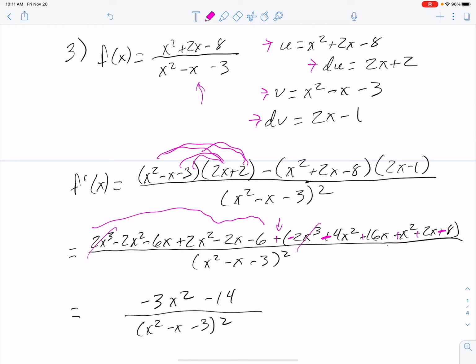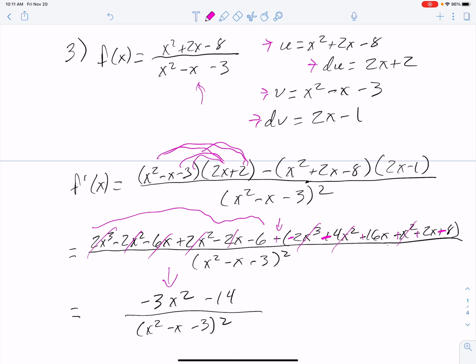2x cubed and 2x cubed are going to add up to 0. Negative 2x squared plus 2x squared are going to add up to 0. So that's going to leave me with negative 4x squared and x squared, which are going to add up to negative 3x squared. Negative 6x. Oh, I've made a mistake, it looks like. Negative 6x minus 2x is negative 8x.